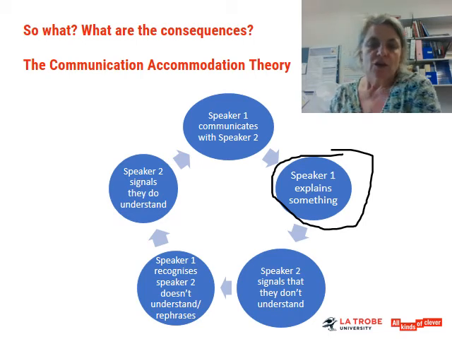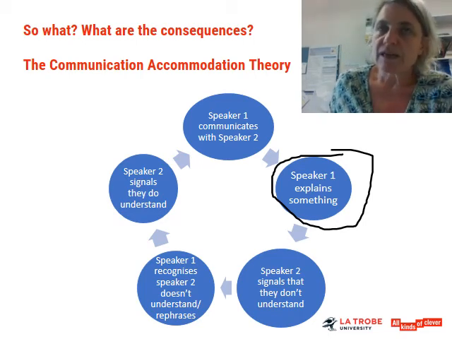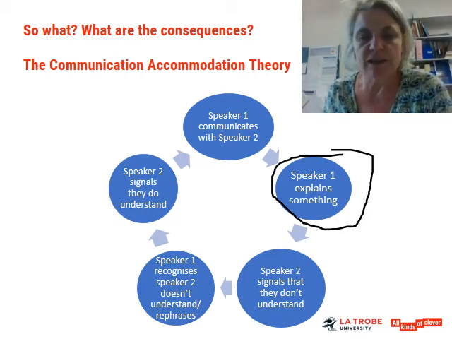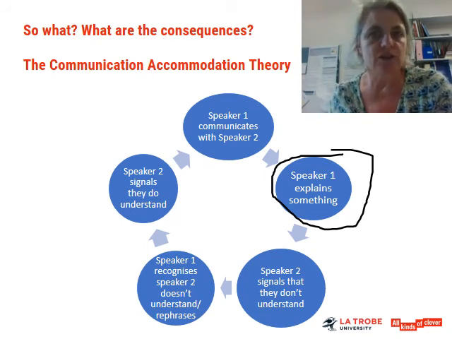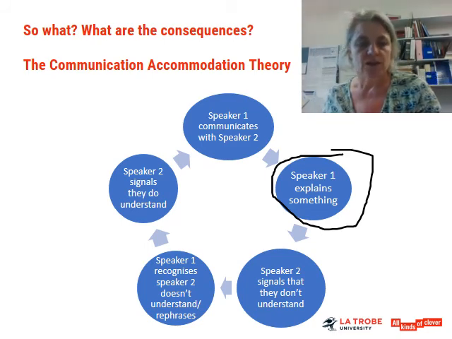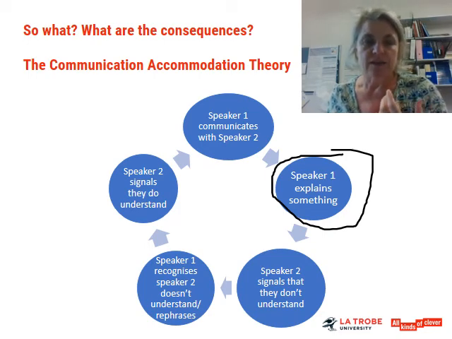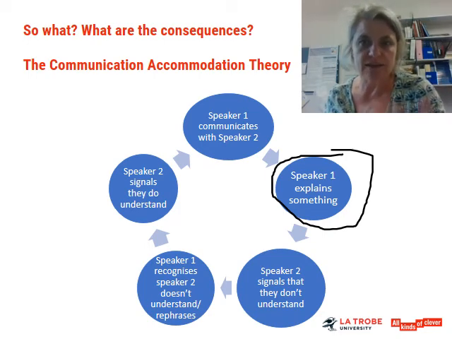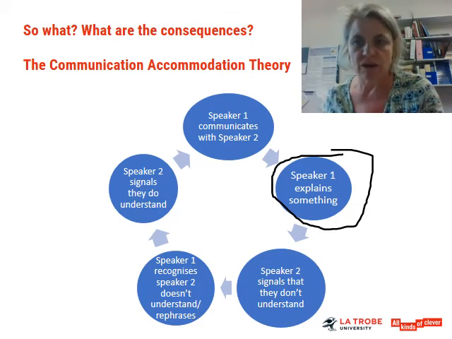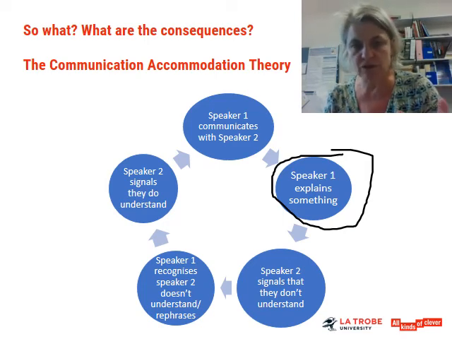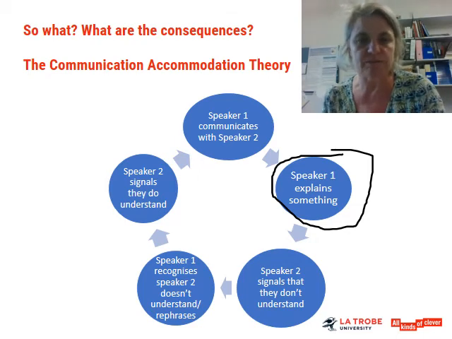And you might look at me and you might have a confused look on your face and you're signaling to me that you don't understand what I've said. So I would recognize that and hopefully I'd rephrase it, say it a bit differently, and then you'd signal to me that you do understand. And I'd feel good about that because we'd resolved the difficulty and we could continue on.